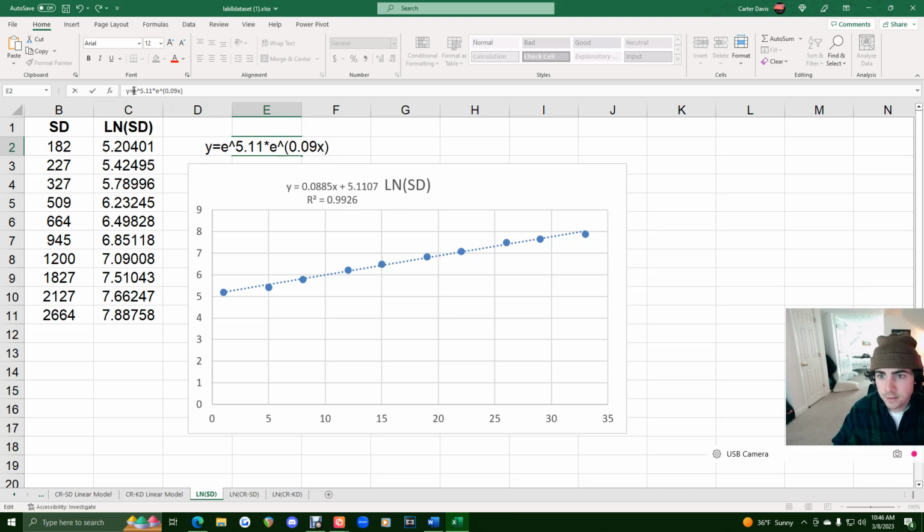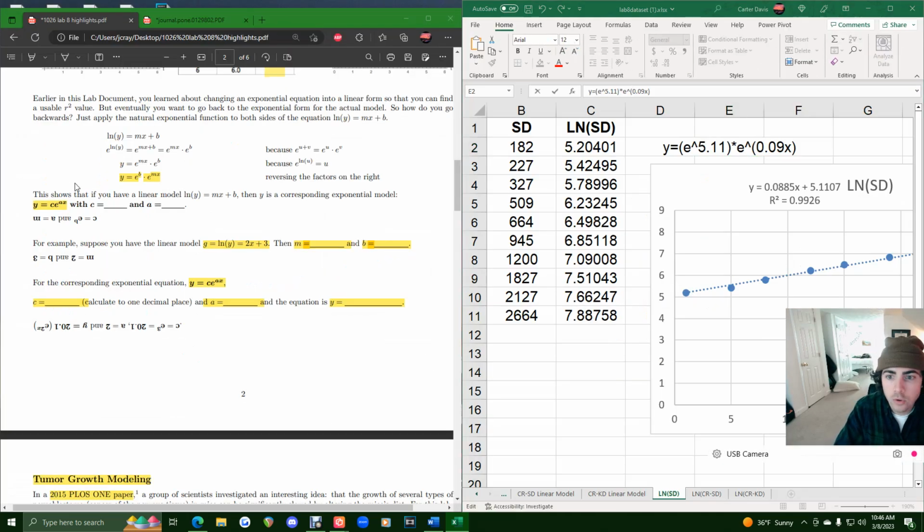So like this coefficient, let me see if I can draw one more comparison to this. So we were writing the linear function, the mx plus b, as an exponential function, c e to the a times x. So e to the 5.11 is our c.